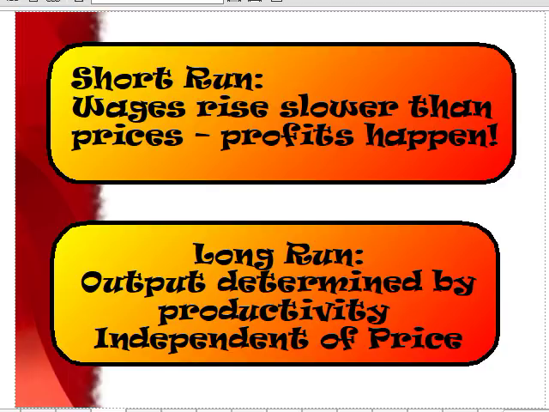When the price of coffee goes up and Starbucks really raises their prices, wages don't go up as fast as prices for a short time. That's why it's called short run. For a short time, the company is actually taking advantage of their workers, and they're going to produce more because they can earn a profit from the difference between how much they raised prices and how much they raise wages.